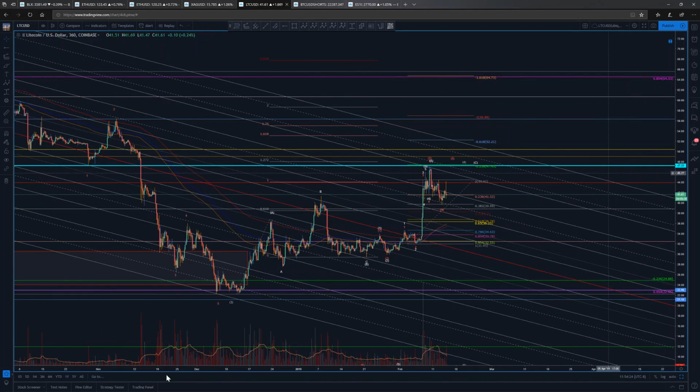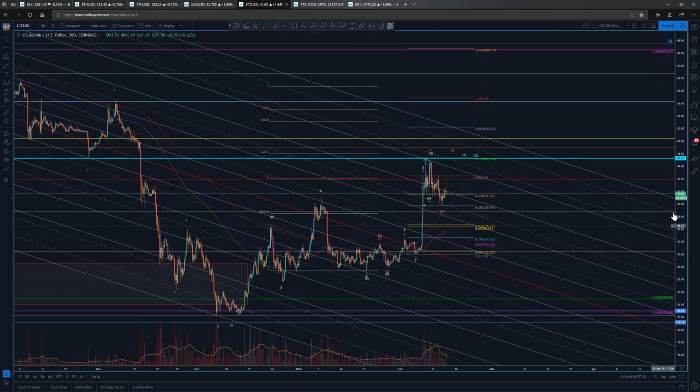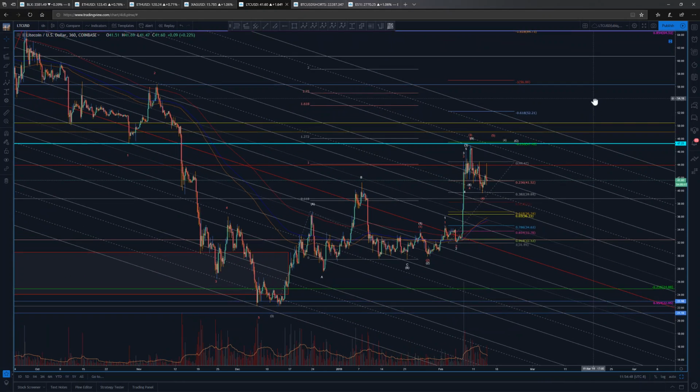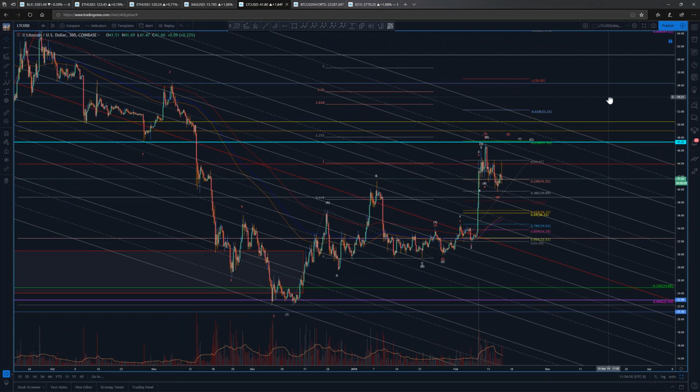So from here, I'm working this as an ABC correction with the B as a running flat, and then we're working on this C wave. Now, I have a few different counts here. And I'm going to show you both. One is the red count, one is the white.